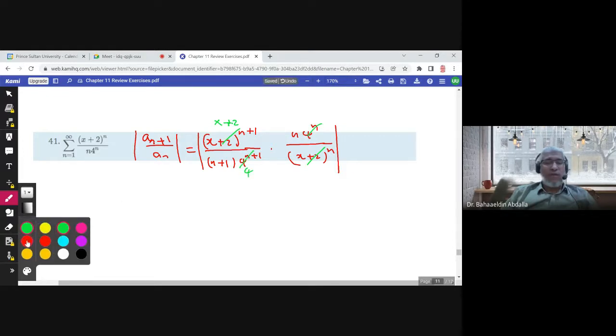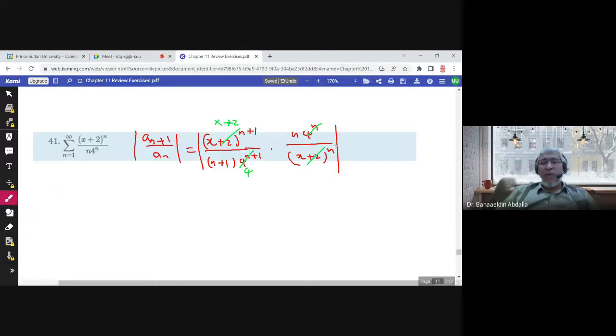And if I use the limit when n goes to infinity of n over n plus 1, that would be 1. So after taking the limit, it will approach absolute value of x plus 2, over 4.